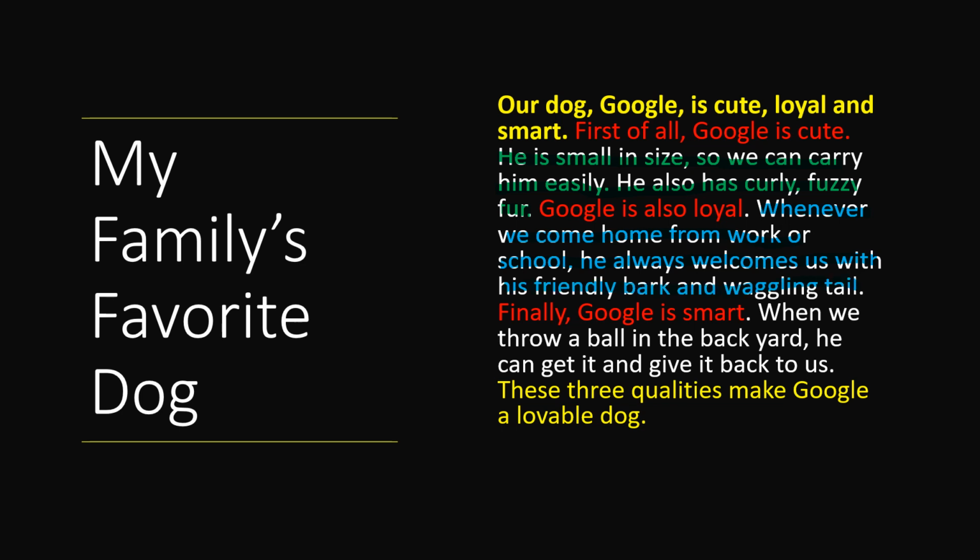So this part explains or gives reasons why Google is loyal. And the last one, finally, Google is smart. I also provide the descriptions or reasons which make Google smart. When we throw a ball in the backyard, he can get it and give it back to us.